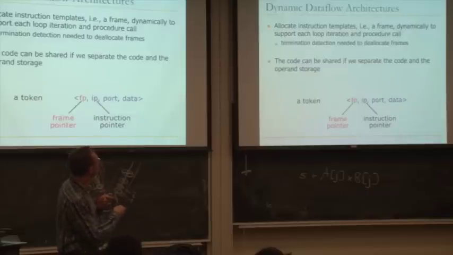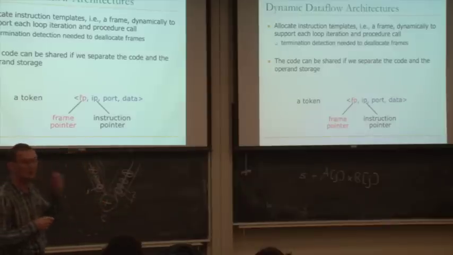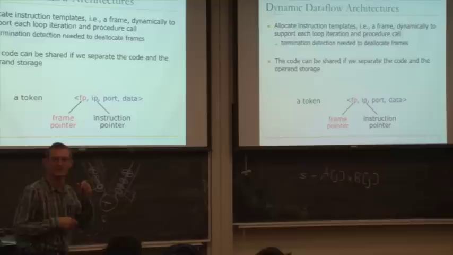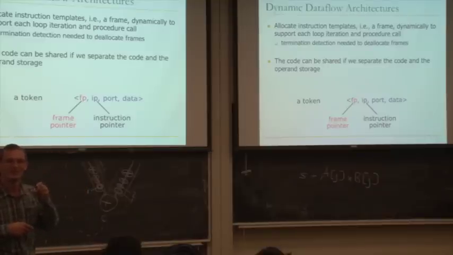In a dynamic data flow architecture, you allocate an instruction template or a frame, and people call it context also. I think in the paper it calls both context and frame. I don't remember very well. Was it context or a frame? You don't remember either?